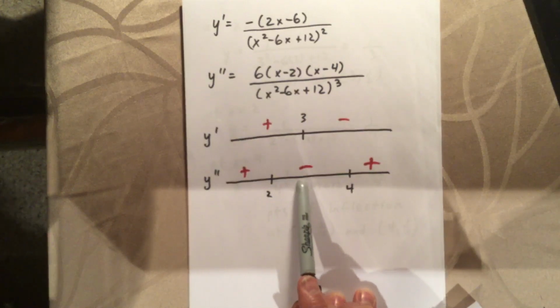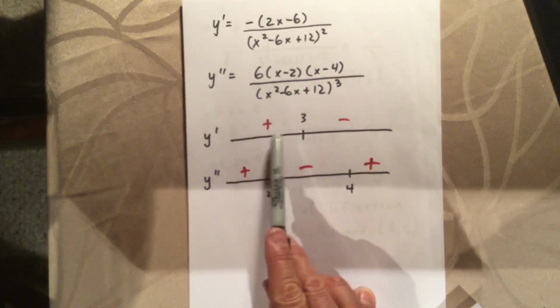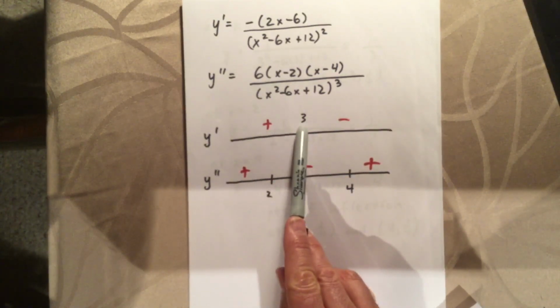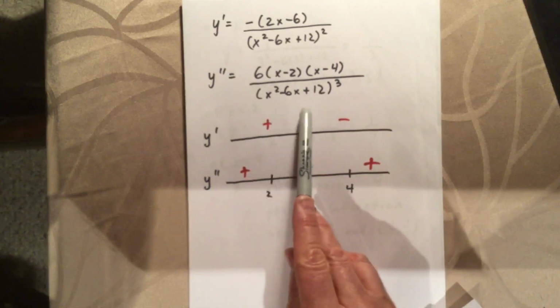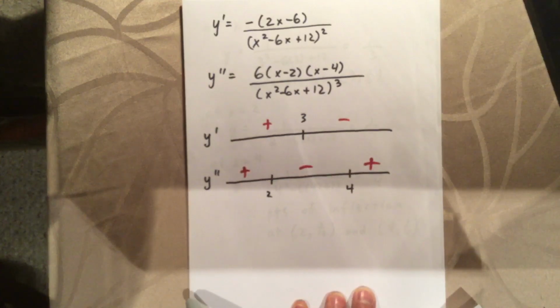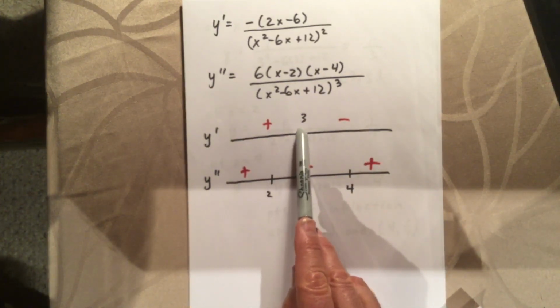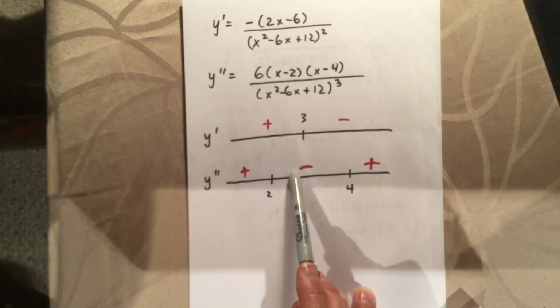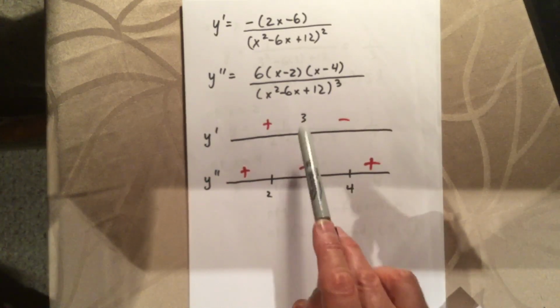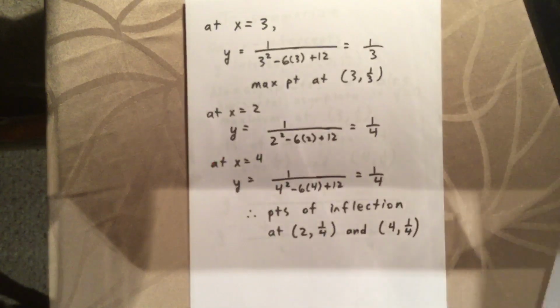Now, we see that we have a maximum at x equals 3 because, as we just said, at x equals 3, the slope is 0, and we're increasing and then decreasing. But another way of establishing that is to say that at x equals 3, we have a slope of 0, and the second derivative is negative, meaning we have a maximum there.